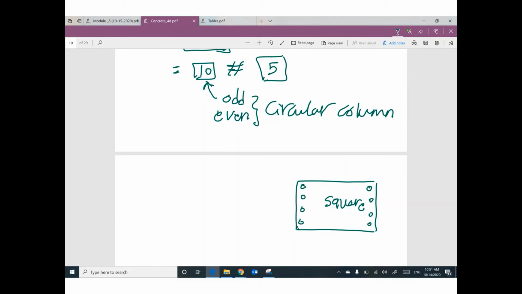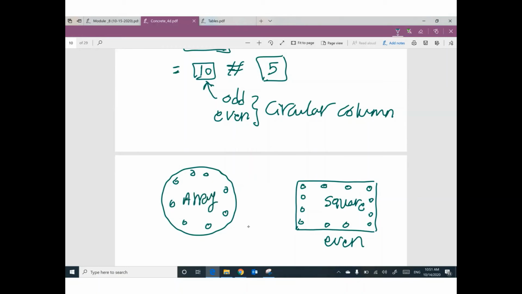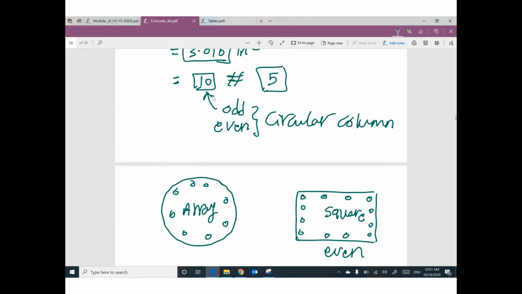So finally, your numbers must be even. But for a circular column, no. An odd number can be accepted because you are distributing it uniformly. We don't have an issue with symmetry. On AutoCAD, you can use polar array to make this distribution. It's easy. So for a circular column, I don't care, odd or even.